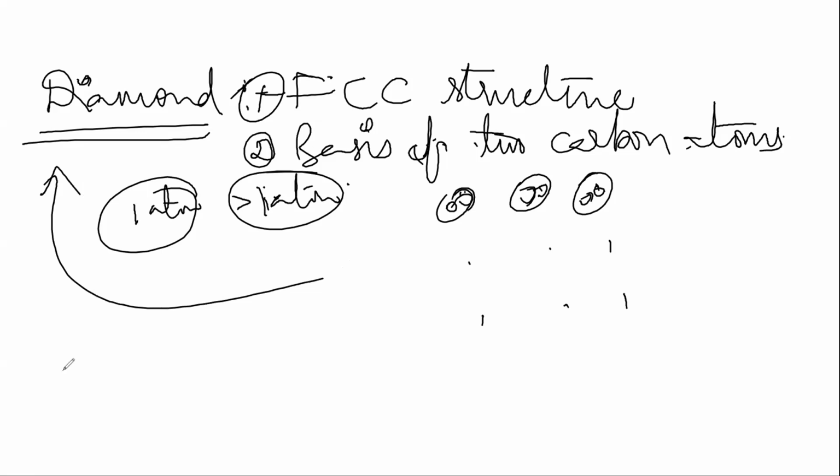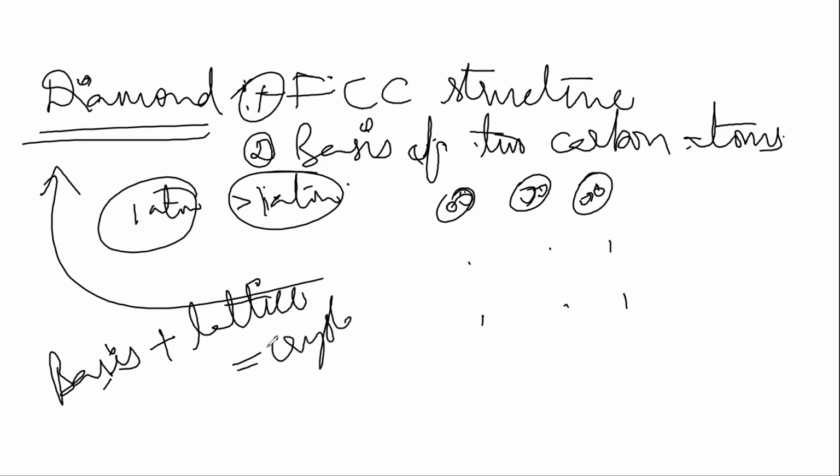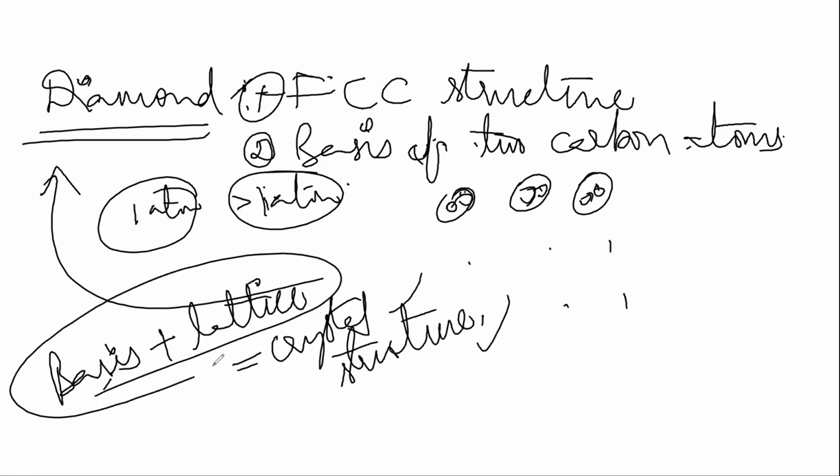That's the reason we write: basis plus lattice gives you the crystal structure. Now let us see in detail the crystal structure of a diamond.